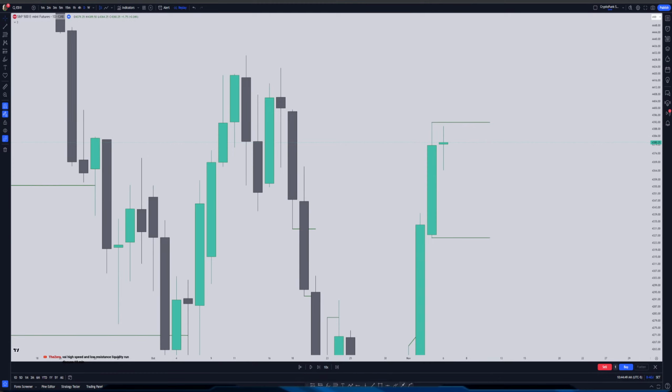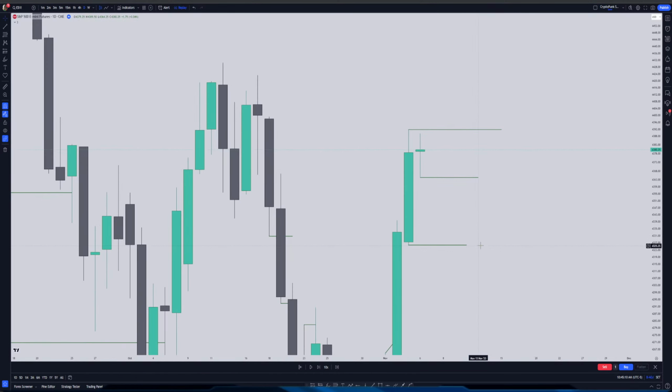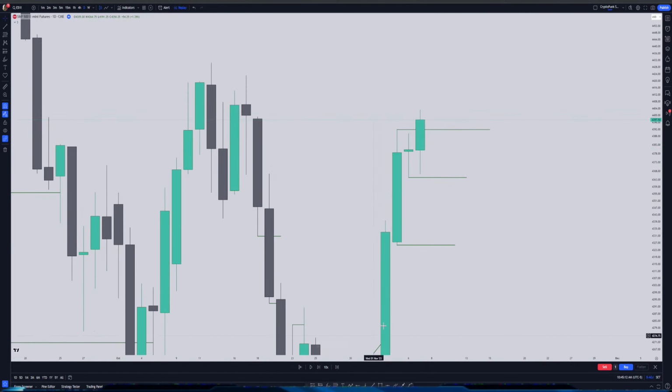Now I'm expecting price to go and take this liquidity. It doesn't matter where it closed on this specific day, because if it closed lower than that, the next day I would target this. Since it closed inside, I'm still looking for this to be taken because it is now due. Okay, so let's see if that happened or not.